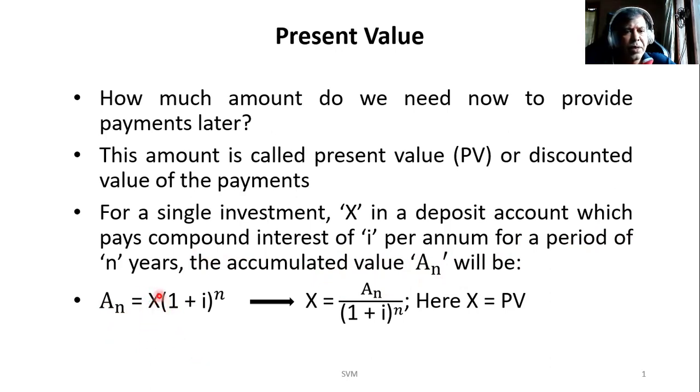This x is nothing but your present value, or you can also call it the principal amount, or the capital invested in the initial time. If I want to find this present value, it is nothing but capital A suffix n divided by (1 plus i) to the power of n. I'm dividing both sides by (1 plus i) to the power of n to get this. Here x is nothing but the principal value, the present value.